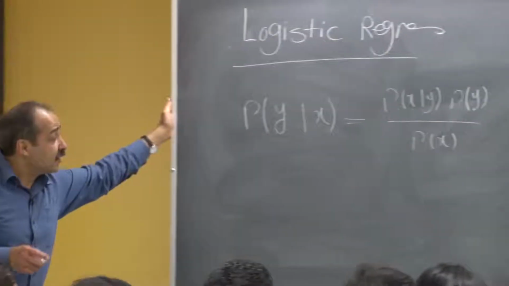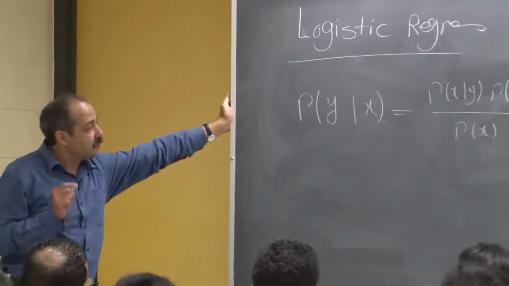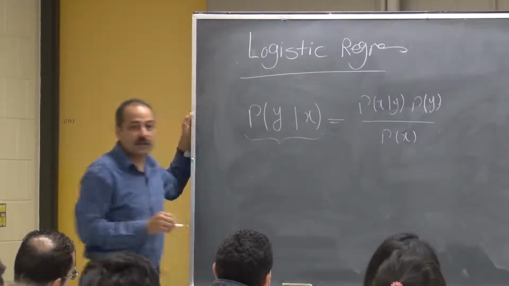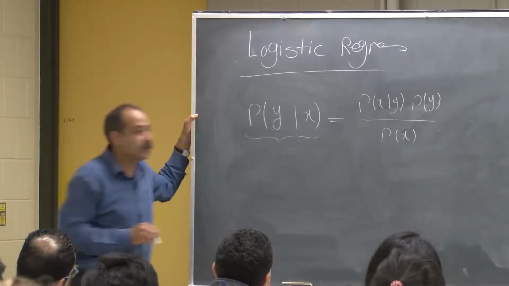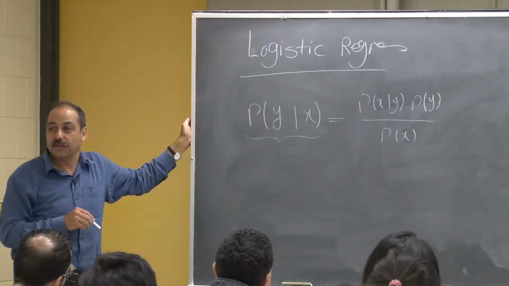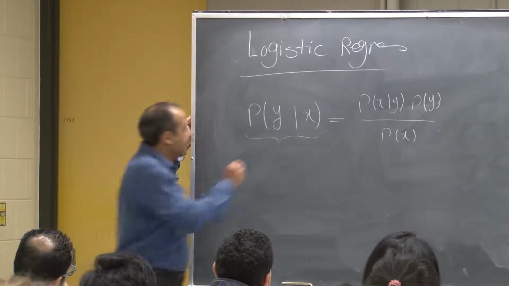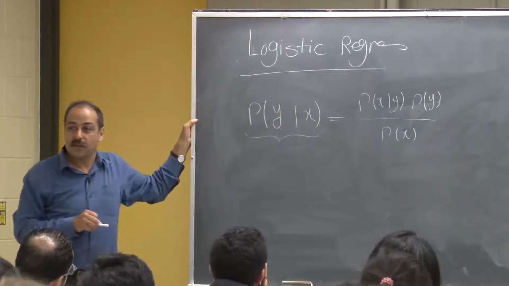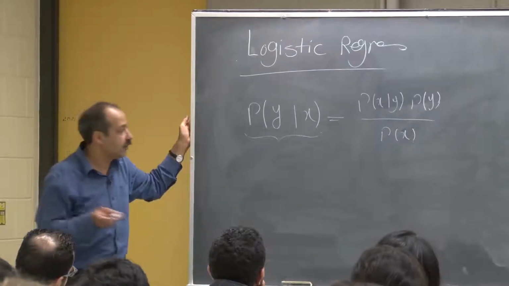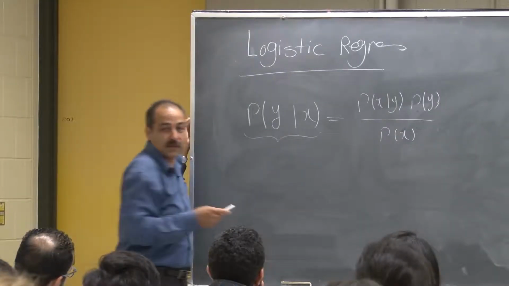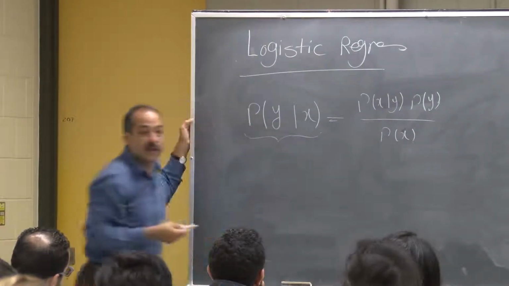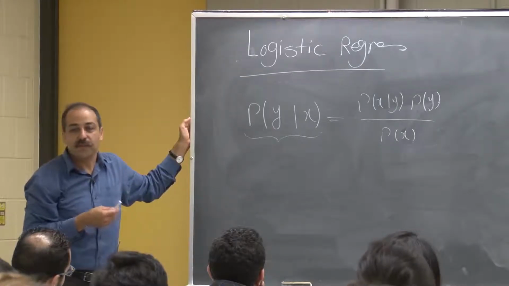So the idea of logistic regression is, okay, wait a minute, at the end of the day, I need this posterior. Why should I go through making assumptions about the class conditional and the prior, and then compute the posterior? If I want to make some sort of assumption about the data, let's directly make an assumption about the posterior and model the posterior without modeling the class conditional and prior first.